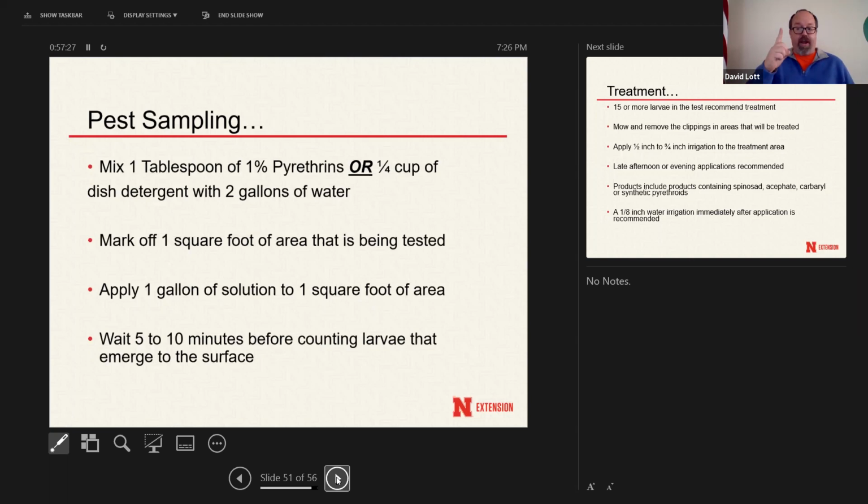You apply 1 gallon of solution in 1 square foot area, wait 5 to 10 minutes, and start counting the larvae that float up to the surface, because the pyrethrins or the soap, the detergent, really bothers the larva. So it's an annoying factor, and they'll come right up.